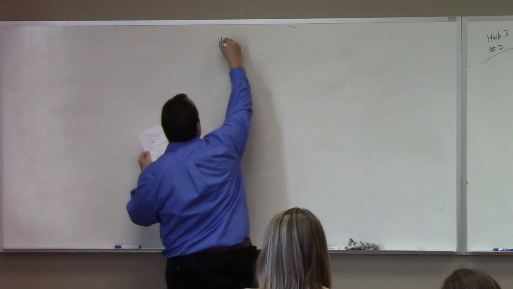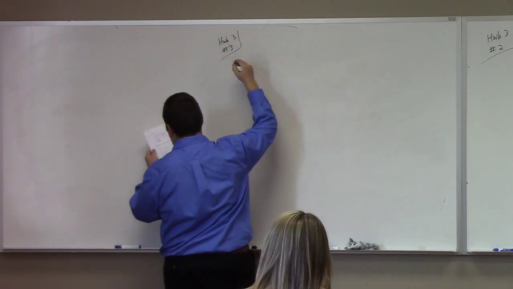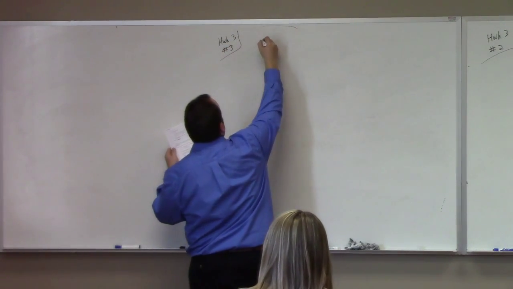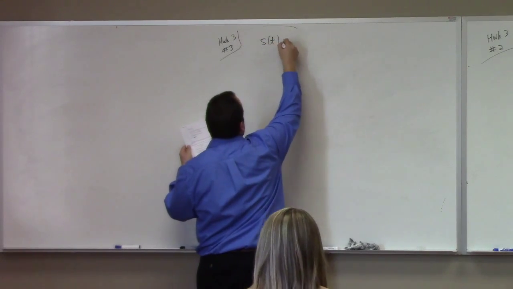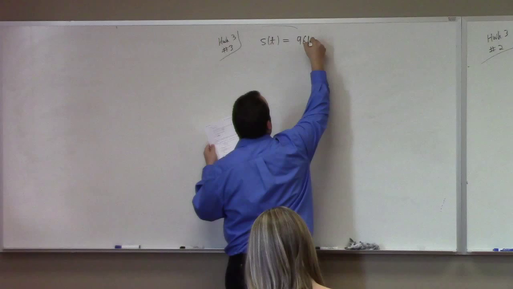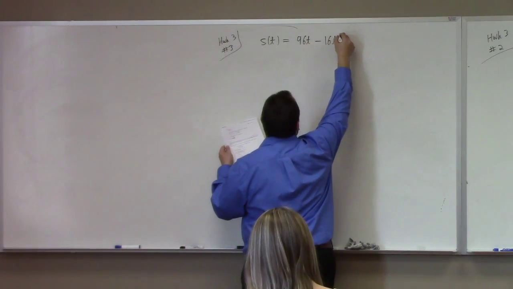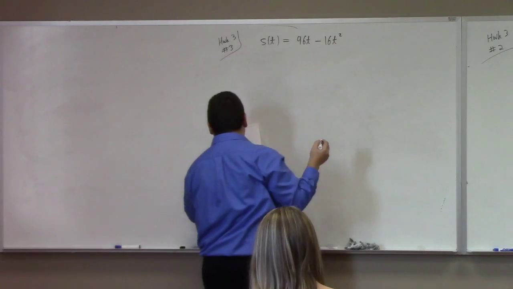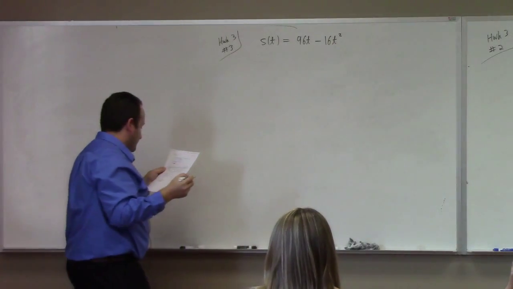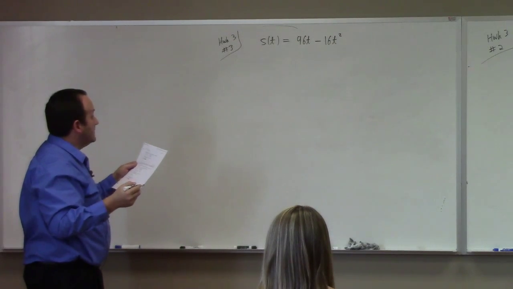Let's see, homework 3, number 3, part B and C. Okay, so we have S of t, which is the position at time t of some ball, I guess, 96t minus 16t squared. Yeah, this is in feet per second. 32 feet per second squared is gravity in feet and seconds.